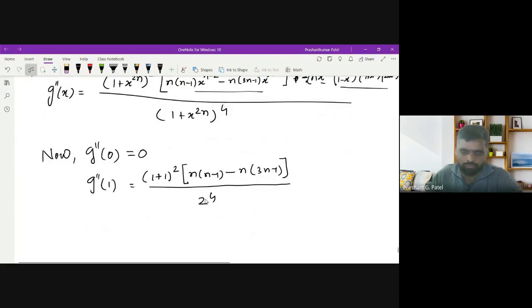And if you further simplify this, this cancels out, this will be 2, so it is 1 upon 4 times (n square minus n, this is minus 3n square plus n). This will cancel out. So finally this gives you the answer minus 2n square upon 4, so that is minus n square by 2.